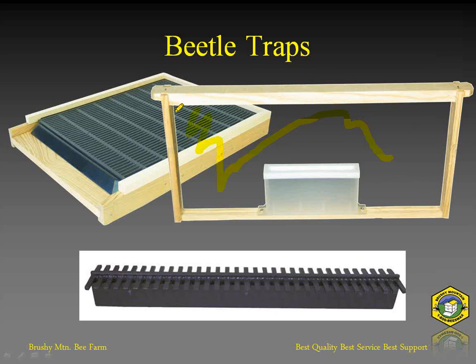And you can actually put in the top up here a starter strip of drone foundation, and the bees will use that as a template and continue to draw out drone comb as they move it down on both sides. And then when you go in to check your trap, again, you cut that drone comb out, you remove some varroa, and you also have trapped beetles as well.